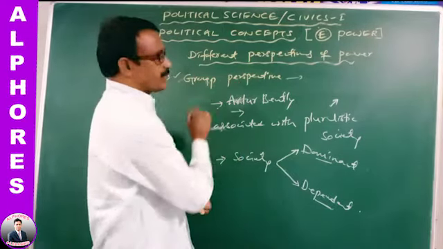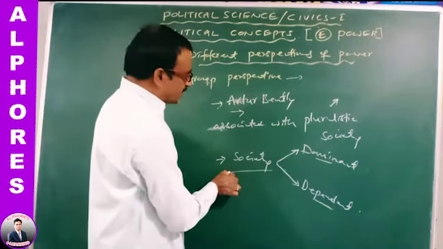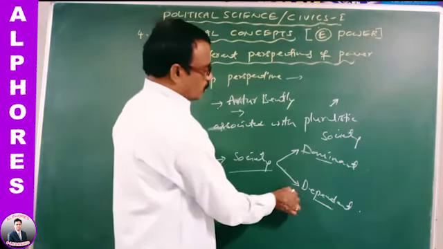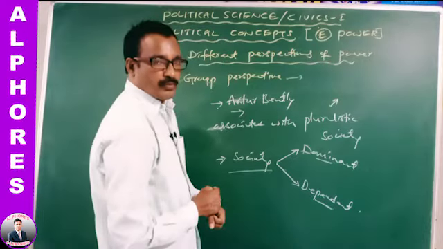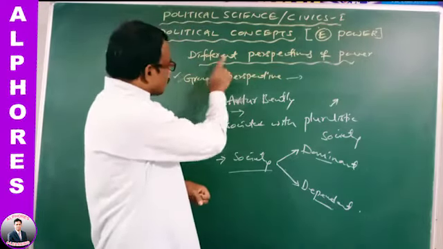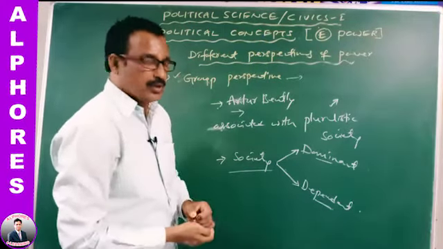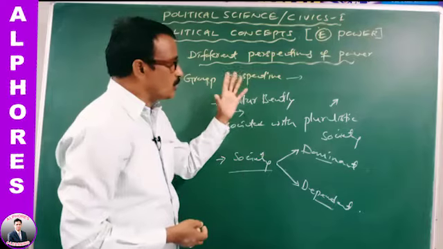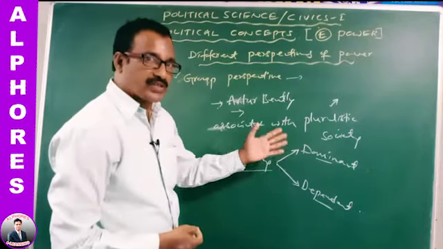According to this perspective, exercise of power divides the society into 2 groups. One is dominant group, another one is dependent group. Clear? But according to the first perspective, that is the elite perspective, society was divided into 2 sections: one is elite section, another one is mass section.